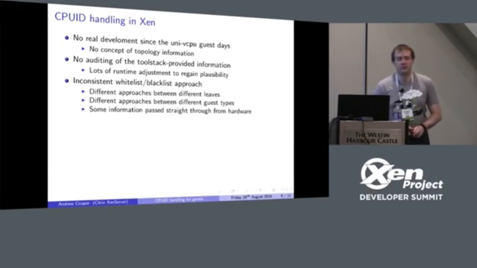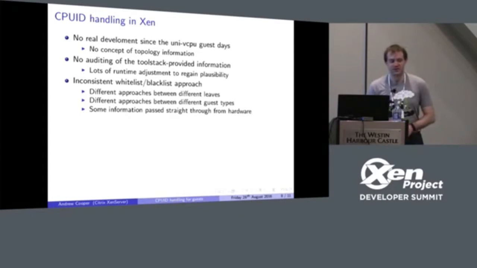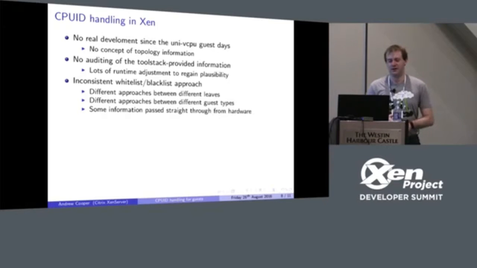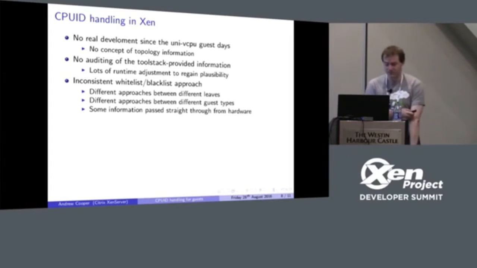There was a huge amount of inconsistencies to do with how the features were advertised and available. Various places used blacklist, various places used whitelist. At least one of the feature leaves was different between PV and HVM guests as to which it did. Some information is still passed straight through from hardware, although luckily it's rather less than it was.